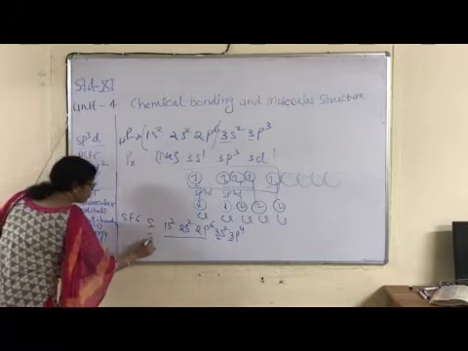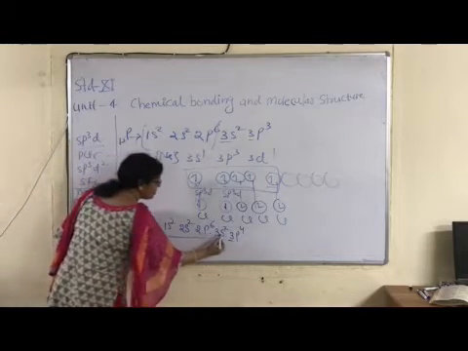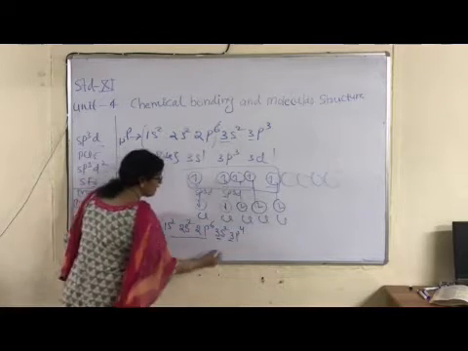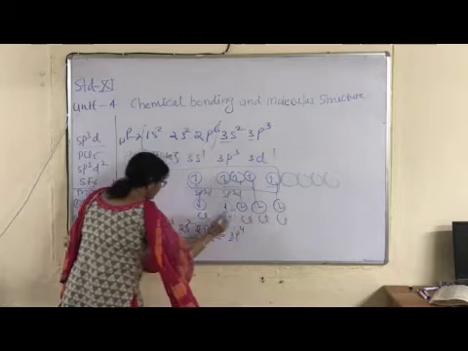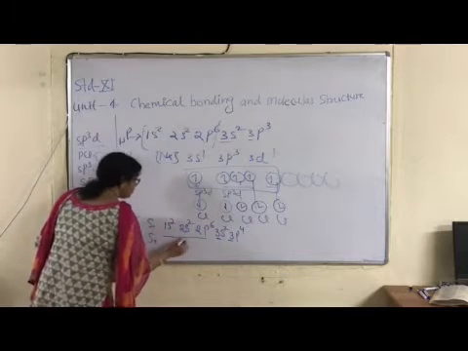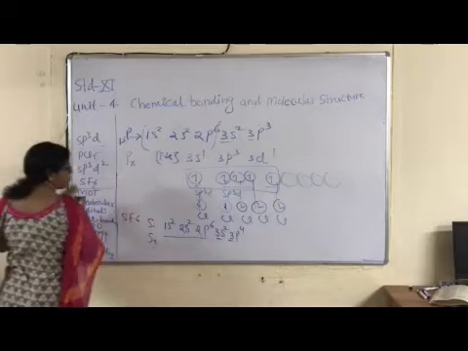In excited form of sulfur, jumping of this s electron to d, and 1 electron from p to d. I am drawing only this step here, right?